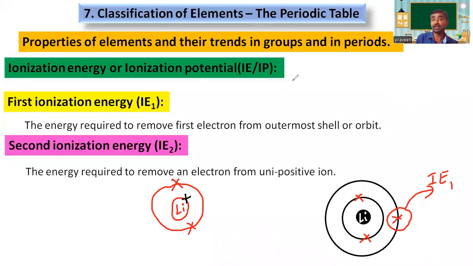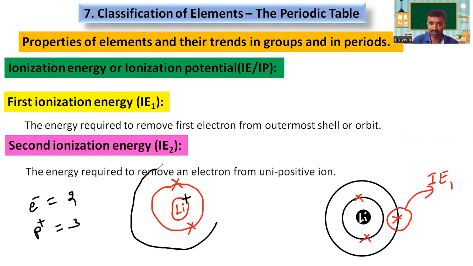Then compare the number of electrons present in Li plus and the number of protons present in Li plus. Electron count is 2, proton count is 3. And look, is there an electron in the second shell? No electron. So the distance you are measuring is from the nucleus to the outermost shell, the K shell, only, because there is no electron.